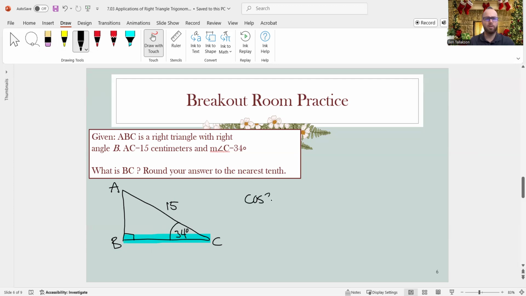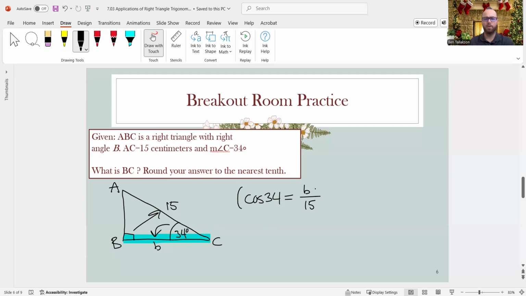Cosine of 34 degrees is adjacent, that involves that side, unknown. I'm just going to call that B, over hypotenuse, 15. There we go, just like before, right?